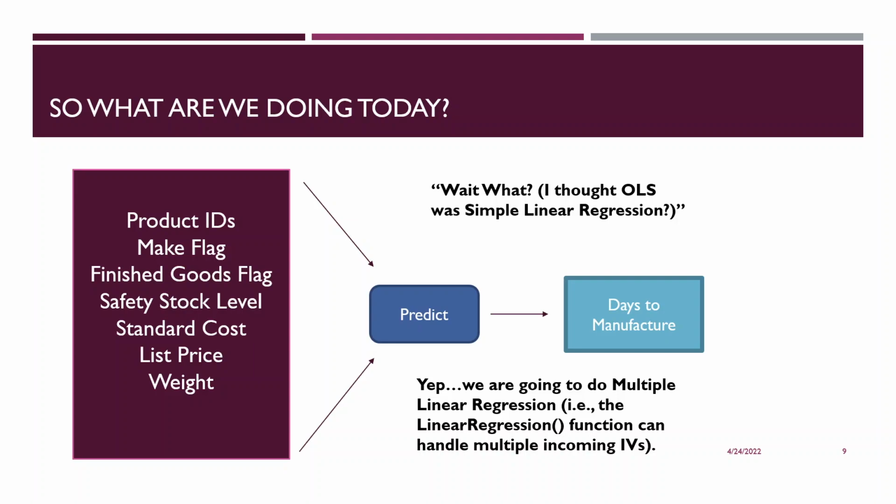We did ordinary least squares, a simple linear regression, the last time. We did a prediction for OLS using a simple linear regression technique on one X and one Y. That was the temperature to ice cream sales example, where we predicted the ice cream sales based on what the outside temperature looks like.